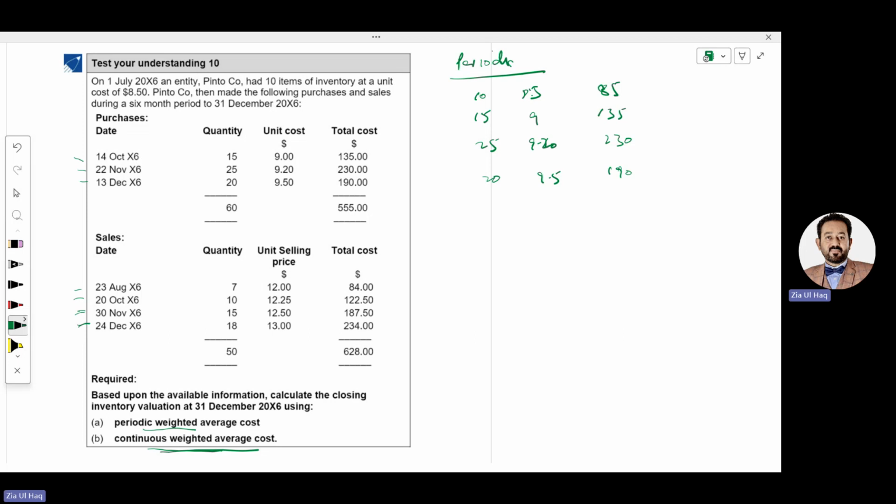And then we sold 7 units. We sold 10 units. We sold 14 units.